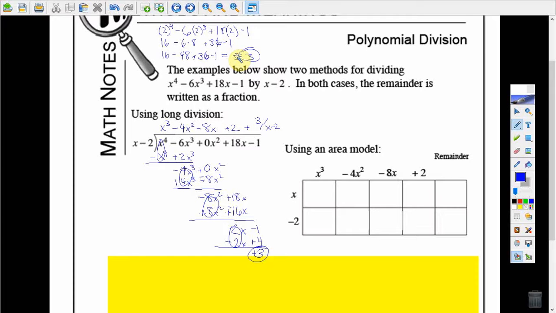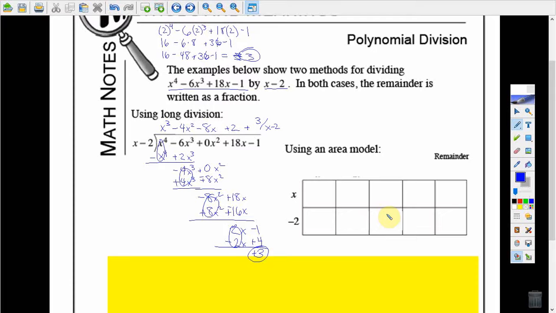So here's our area model. Oh, I forgot to cover the answer up on that one. We'll cover the answer up there. And we're dividing that 4th degree by x minus 2. So this x to the 4th minus 6x cubed plus 18x minus 1 is going to become the contents of these boxes.